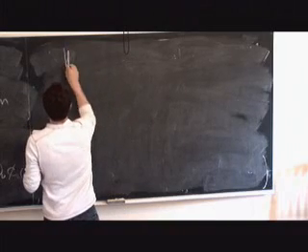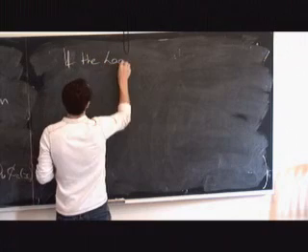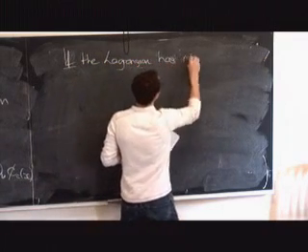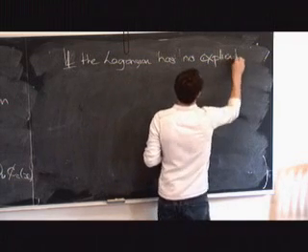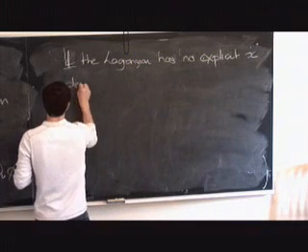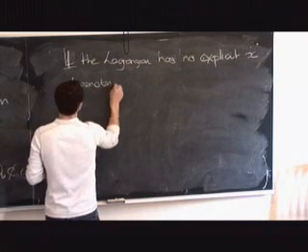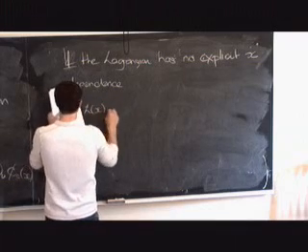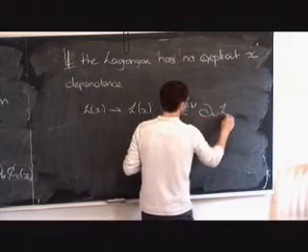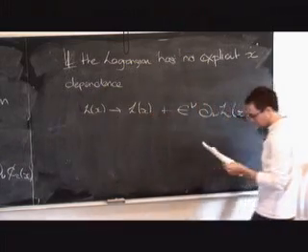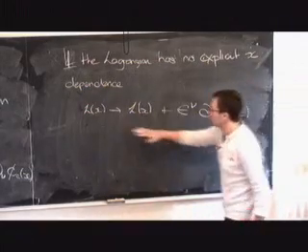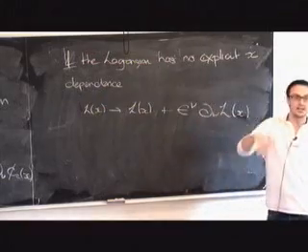Okay, so if the Lagrangian has no explicit x dependence, okay, so the Lagrangian is also a function of x, but it's a function of x as phi is a function of x.